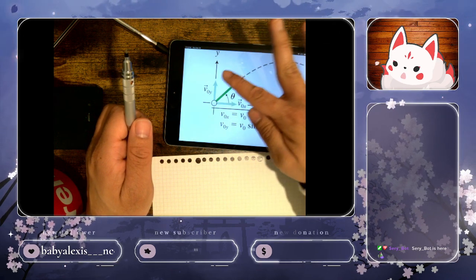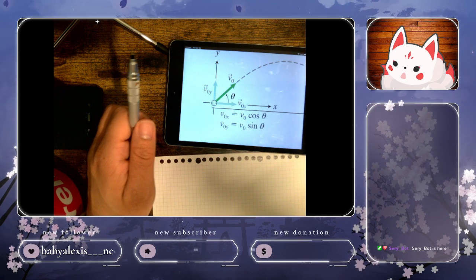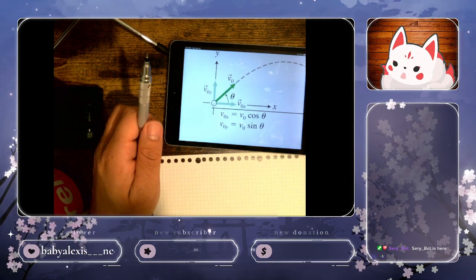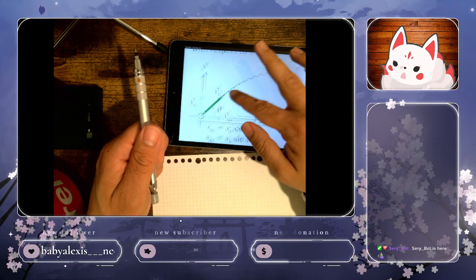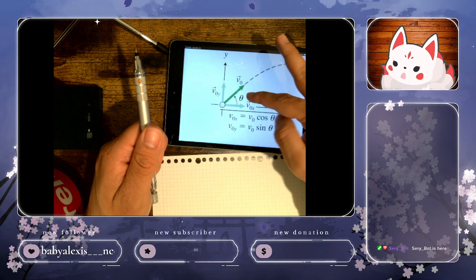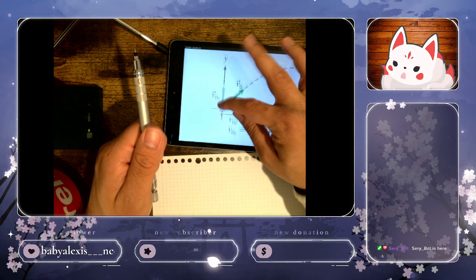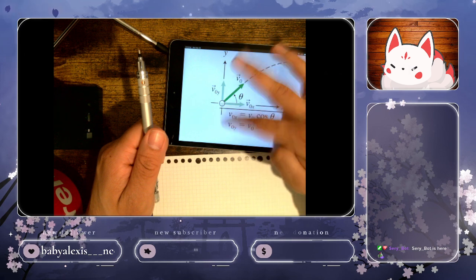V0 is the initial velocity, so there will be a velocity here or here on the path, but V0 is specifically where it originates.